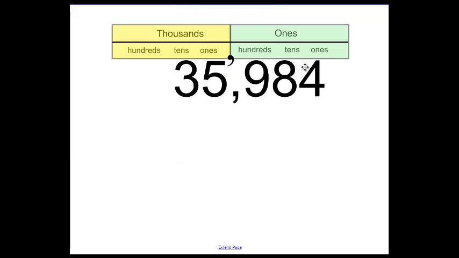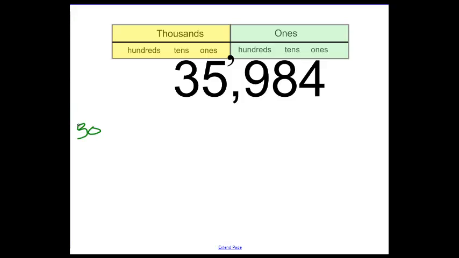If we look at this number, I have the place value chart up above it, the ones period, the thousands period, and then we have a number below. We have 35,984 in this number. The digit 3 is in the 10,000s place. So if we were to write that in expanded form, it would look like this.